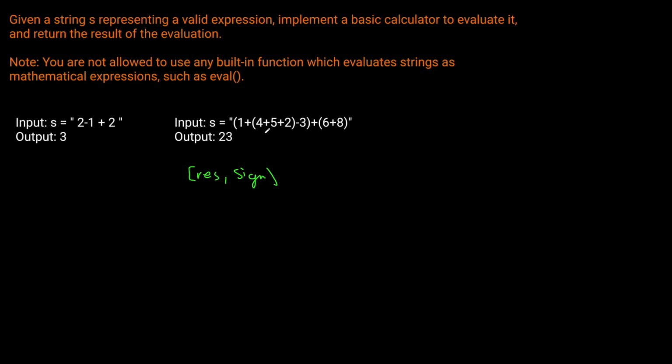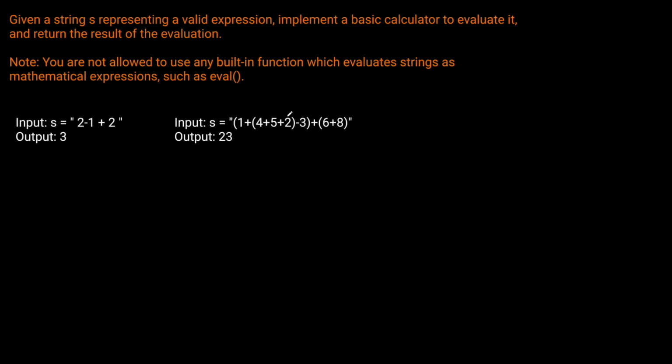Because when we finish processing this and we come out and we see that, okay, this is 11, we need to know whether to subtract 11 from whatever the previous result was or to add it, right? And that's what the sign will be. So it's basically just going to tell us what the sign is. And then this 1, we can think of as the previous result. So we know what to add 11 to when we finish computing, and then we can continue from left to right. So that might be a bit confusing.